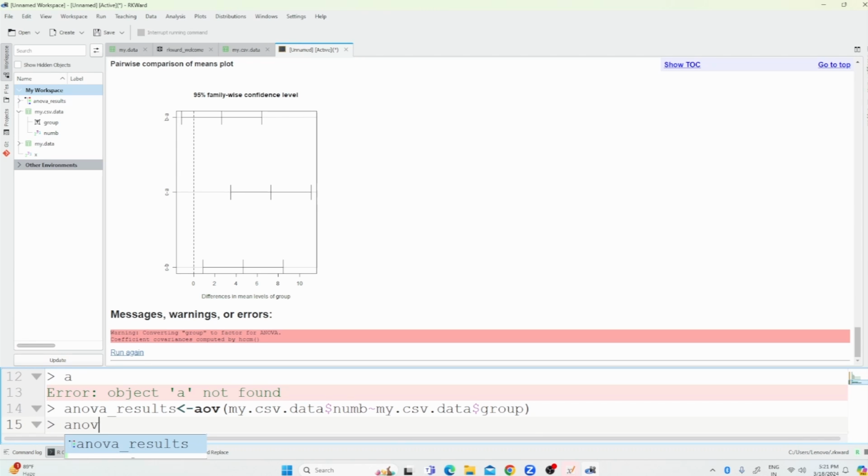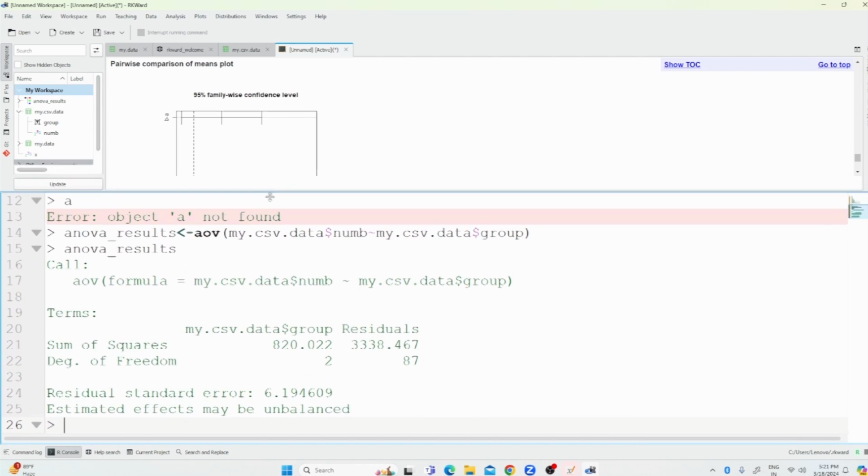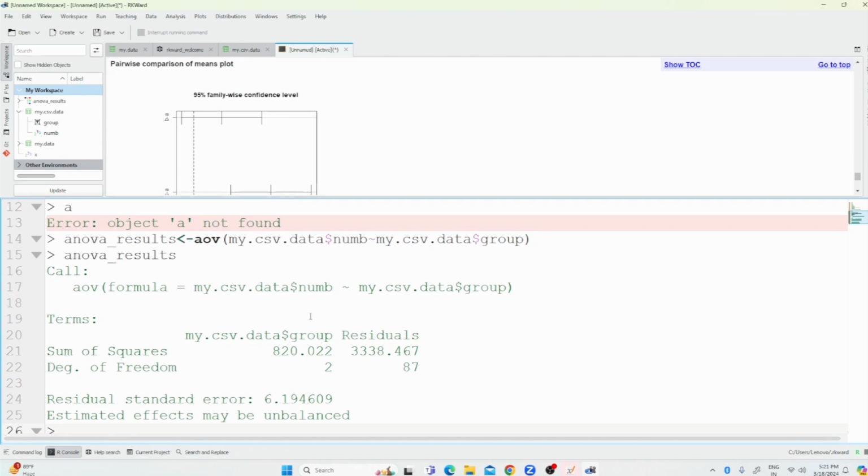Now, please see, there is a variable called ANOVA results. This is what I was expecting in the machine. This variable ANOVA results is generated. Now, what I am trying to tell you is that you could have saved the results. So, here everything can be checked.